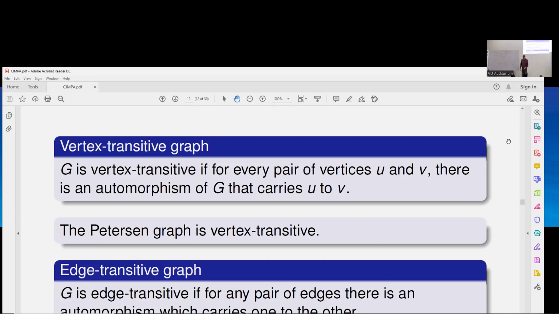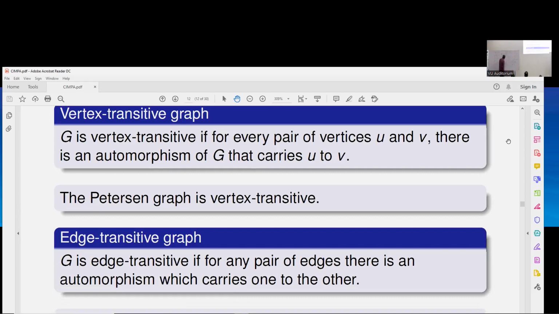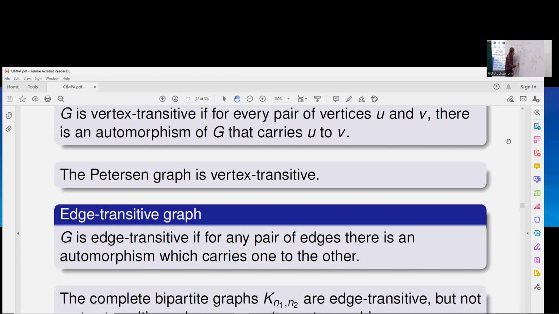So what does it mean? The Petersen graph actually, it's written here. Just let me slightly correct this part. And maybe you might be wondering if there is really an automorphism. So since the Petersen graph is vertex-transitive, it means there is an automorphism which carries, for example, this vertex to this vertex.